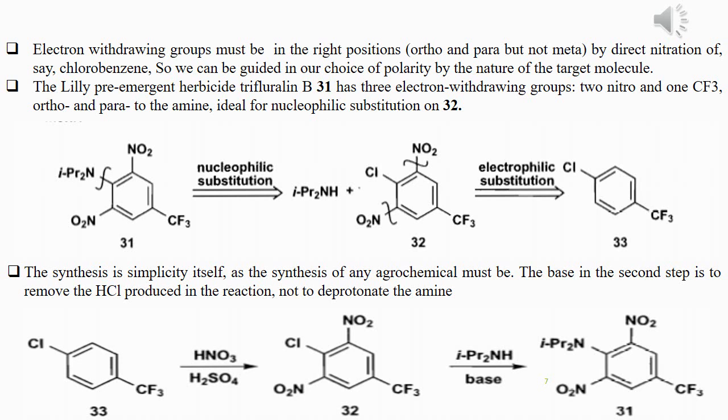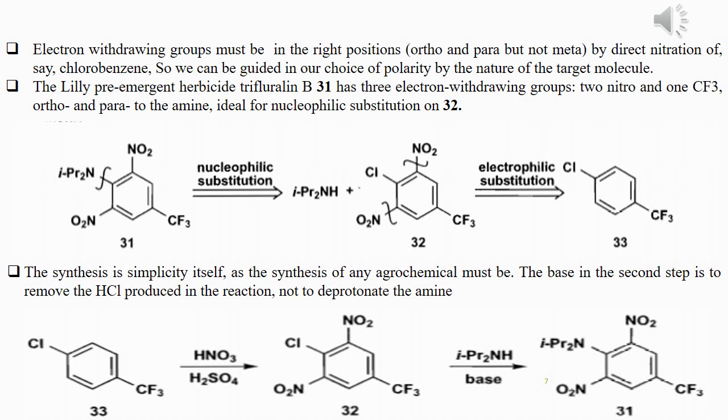Now the synthesis is simplicity itself, as the synthesis of any agrochemical must be. The base in the second step is to remove the HCl produced in the reaction, not to deprotonate. What are they saying? They're saying 33 is nitrated to produce 32, then 32 is reacted with isopropylamine to produce 31.